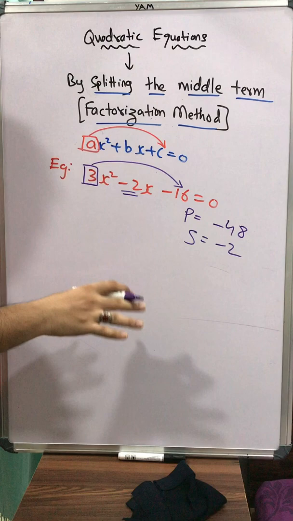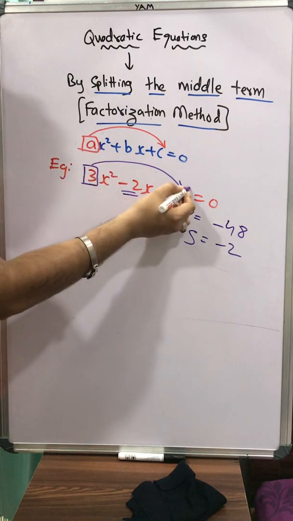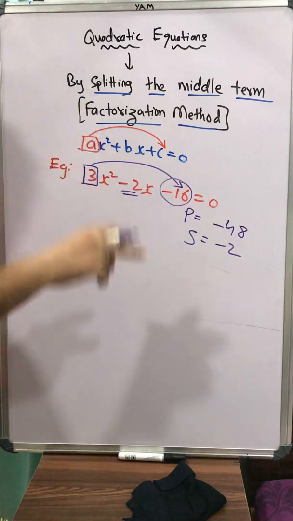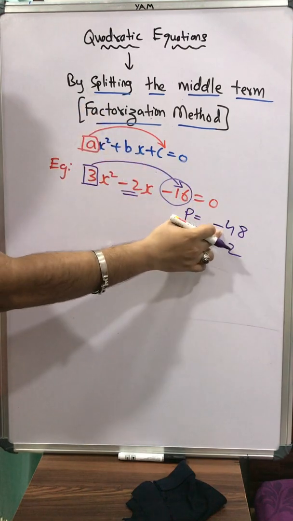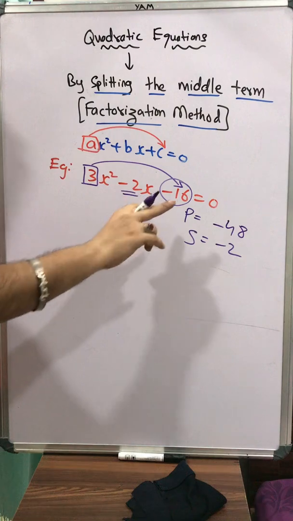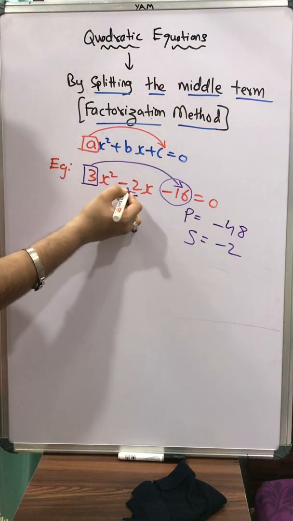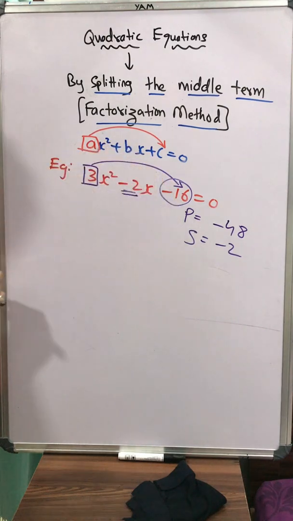That means now I will not consider minus 16; I will consider 3 into minus 16, which is minus 48. So I need two numbers whose product is minus 48, and when I add the same two numbers, I should get minus 2. So there is no difference in our consideration of the sum, but there is some difference in the product.